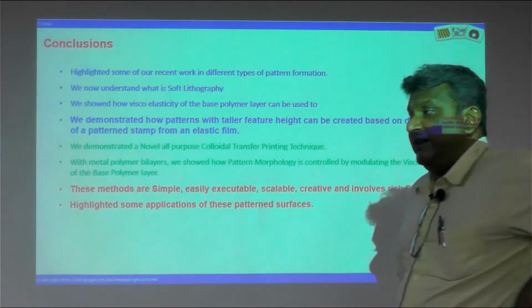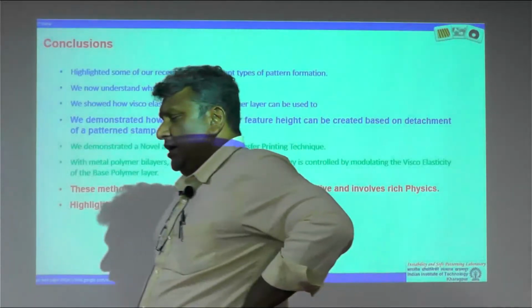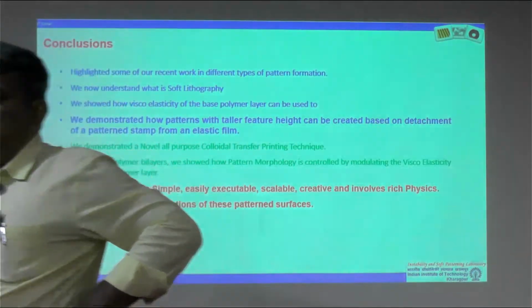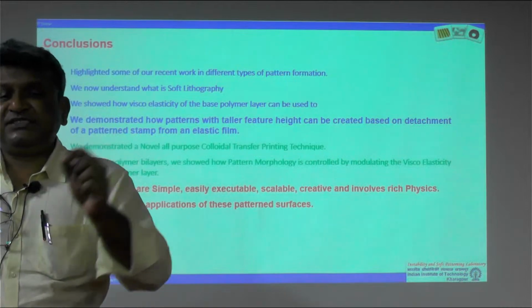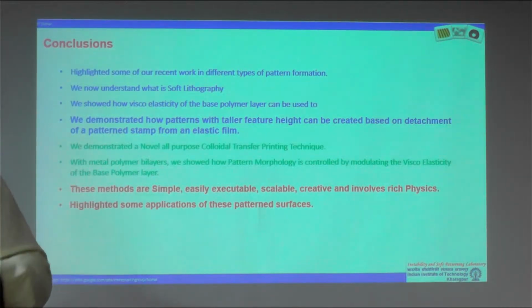But there is a wide variety of polymeric material which can be patterned by different, very creative, very niche scientific techniques, which all fall under the broad category of soft lithography. And then there can be different techniques which can lead to either topographic patterns or chemical patterns, etc.